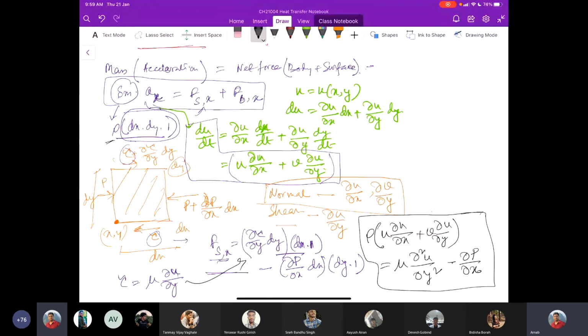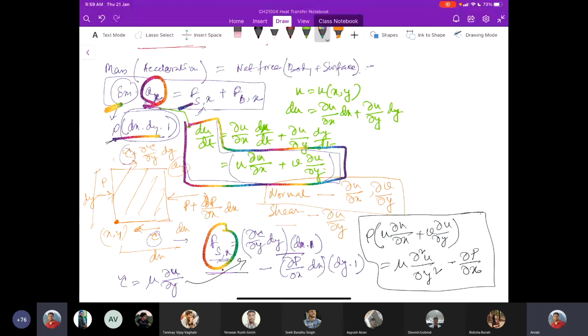Anyone has any question? No, sir. What we did, we replaced this expression Fx, Sx here. We have delta m as of this expression, ax is of this expression.